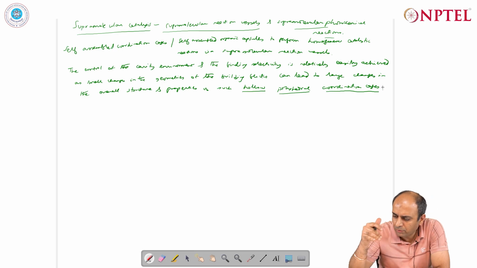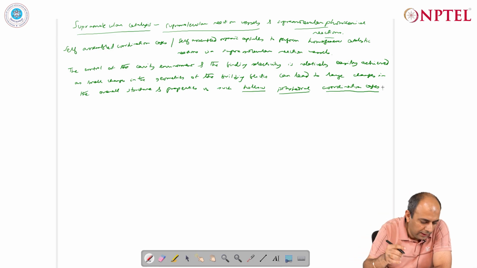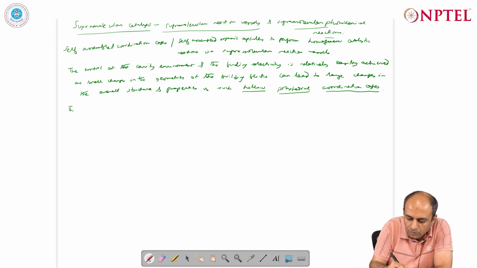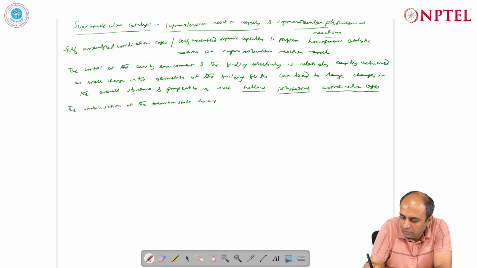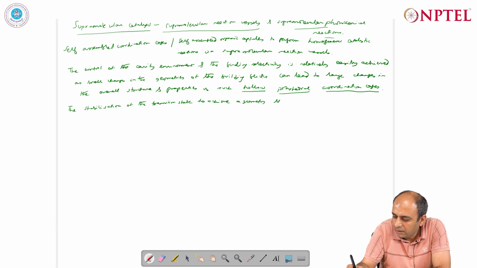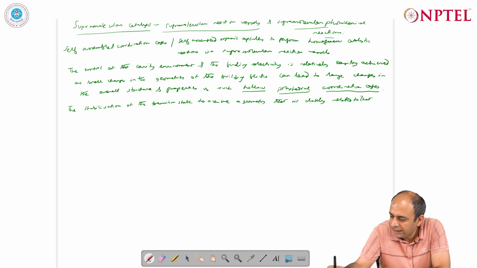And therefore, when we perform these kind of reactions inside supramolecular cages, what is more important is the stabilization of the transition state to achieve a geometry that is closely related to that of the product.